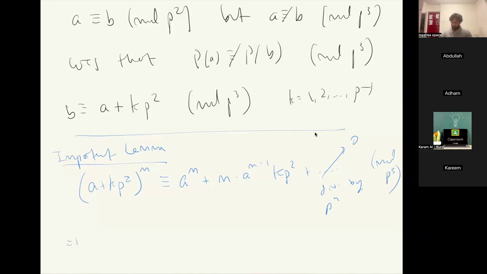So the conclusion is that A plus KP squared to the power M is just A to the M plus M A to the M minus 1 times KP squared mod P cubed. Does it make sense?